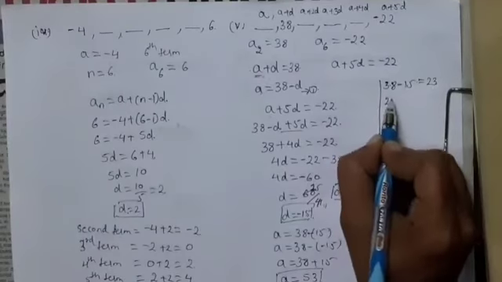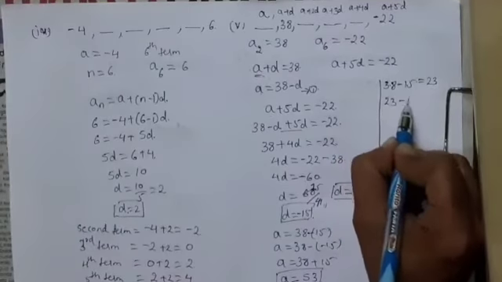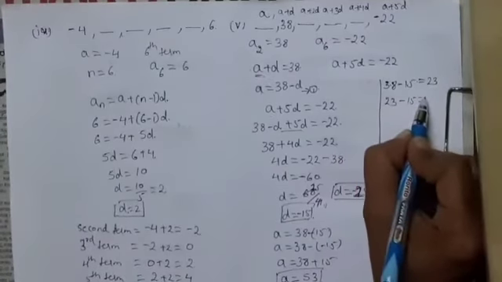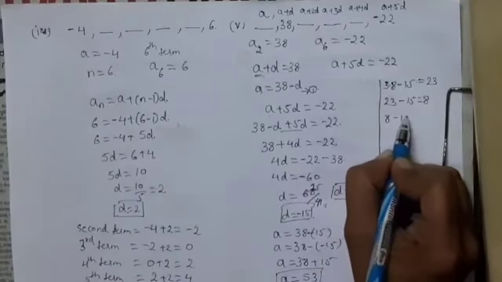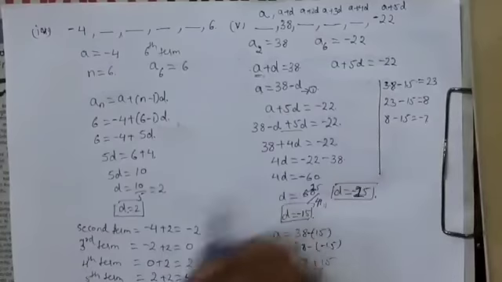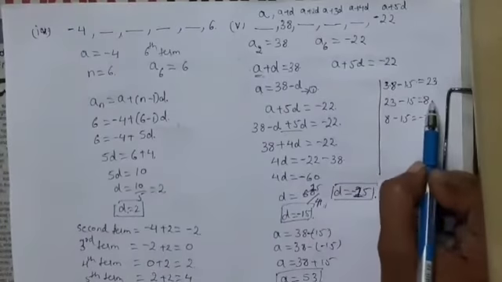Then the fourth term will be 23 minus 15, which will give you 8. And 8 minus 15 will give you minus 7. So that is the third term, fourth term, fifth term.